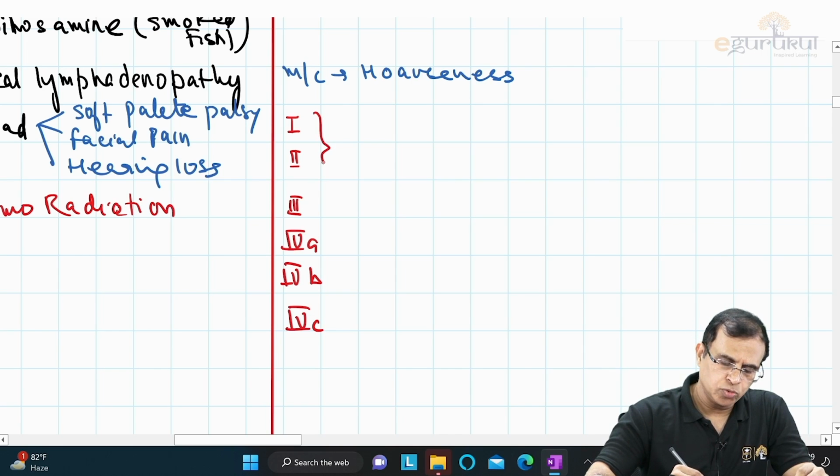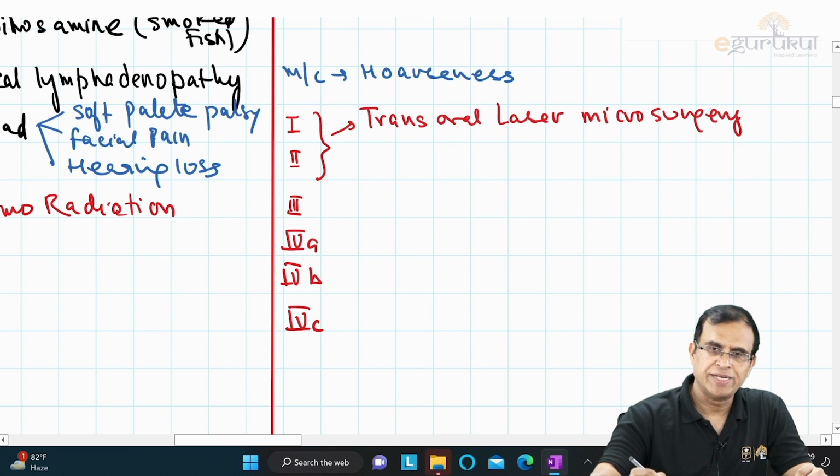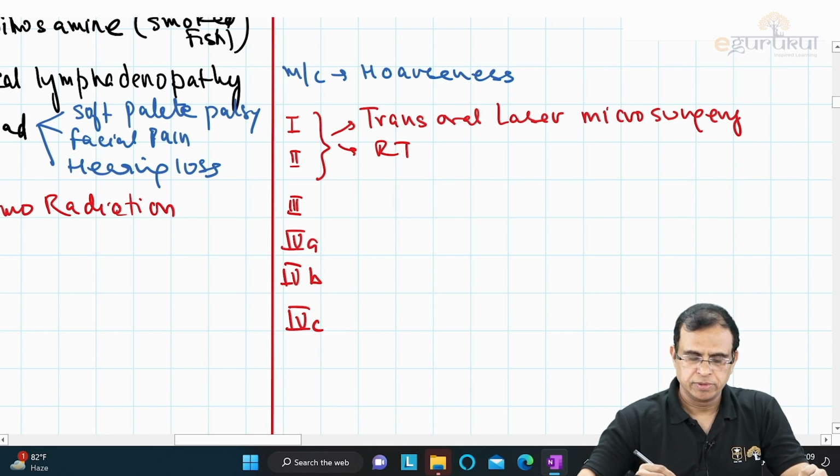In stage 1 and 2, the better option is called transoral laser microsurgery. This is your best option. Maybe radiotherapy can be used as a second option.